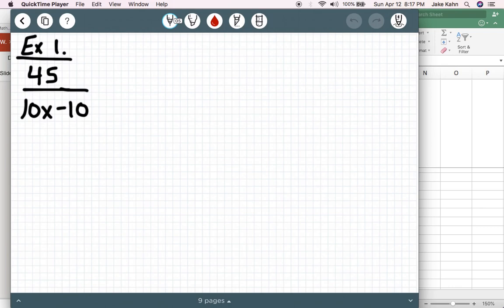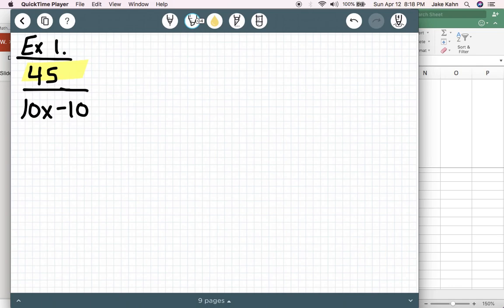Okay. First of all, we have a fraction, a rational expression, 45 over 10x minus 10. Remember that first step is factor everything, right? So I'm going to look at top and bottom here, and I'm going to ask, can I factor it? 45. Can I factor it?